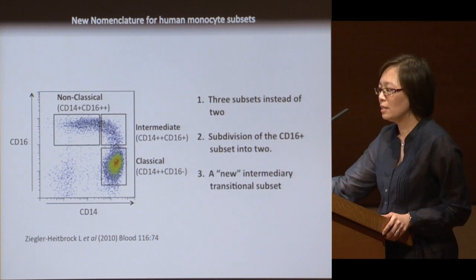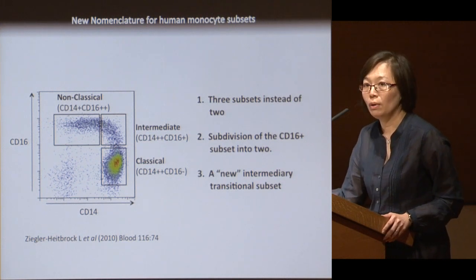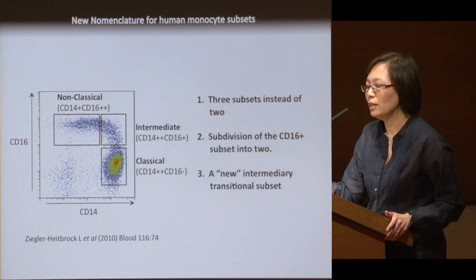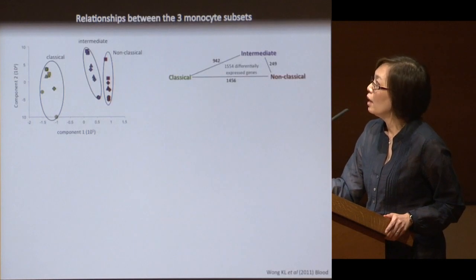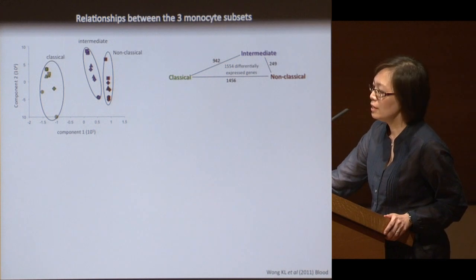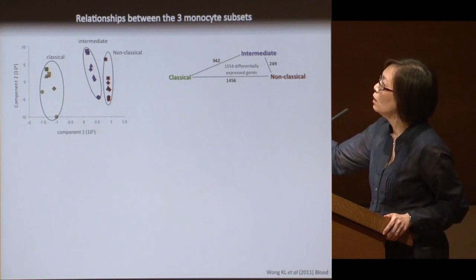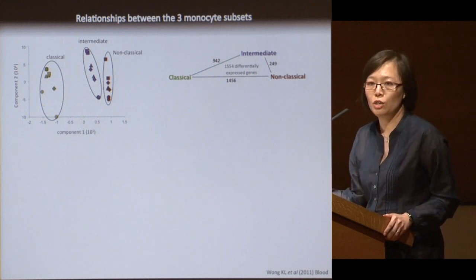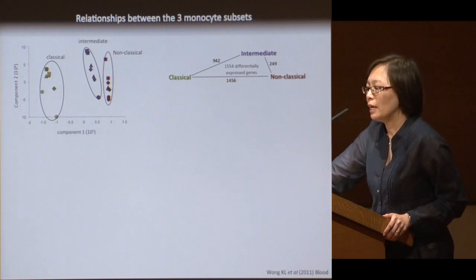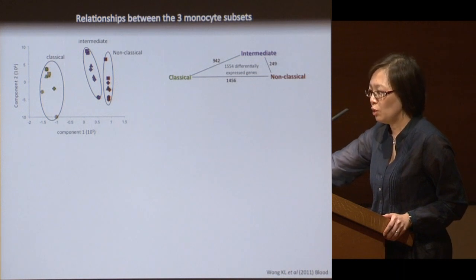In order to better understand what these three subpopulations are doing at steady state or in homeostasis, we isolated the cells and performed gene expression array on the three subpopulations. Based on principal component analysis or clustering, we can see that the intermediate and the non-classical populations cluster closely to each other, while the classical population is a bit further away, indicating that the former are more closely related to each other.